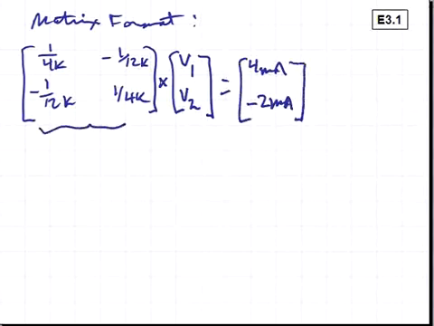So we have a matrix here which has units of conductance times voltage is equal to current. So that's the matrix equation.